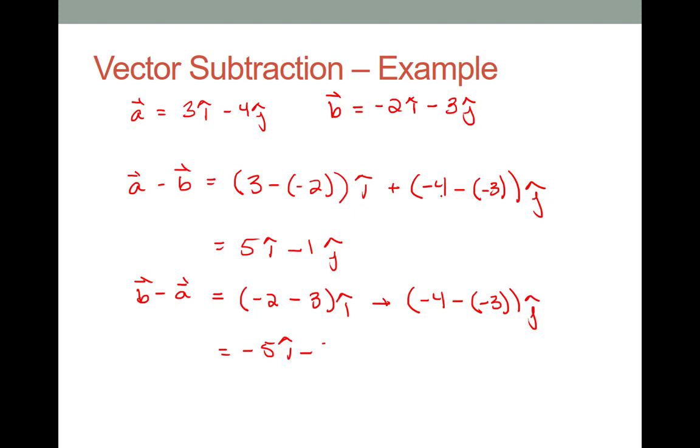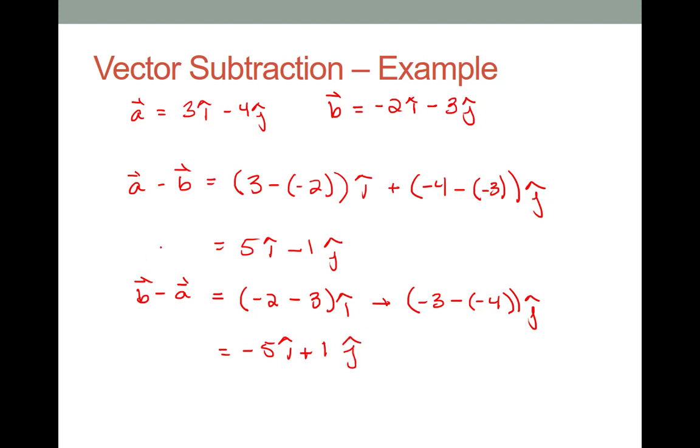I have a sign error on the top one. No, I do not. Hold on. Oh, I wrote them in the backwards order. Let's fix this. This is the problem. I have solved it. Let's rewrite. I'm doing B minus A, so I need the negative 3 first minus negative 4. And that works out to be positive 1 j hat.